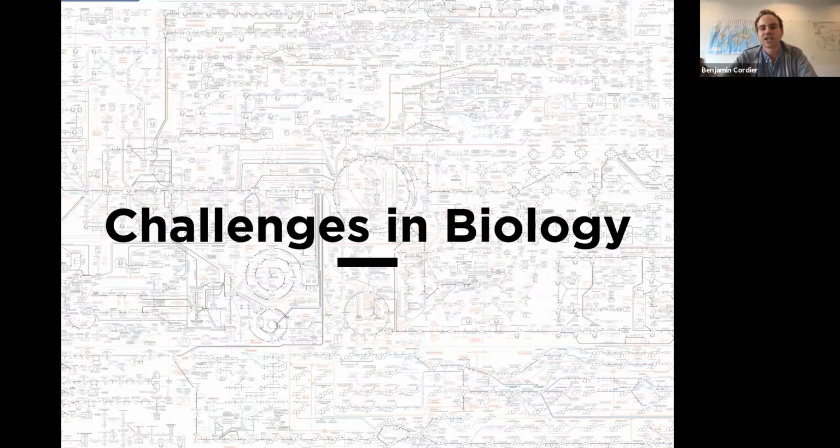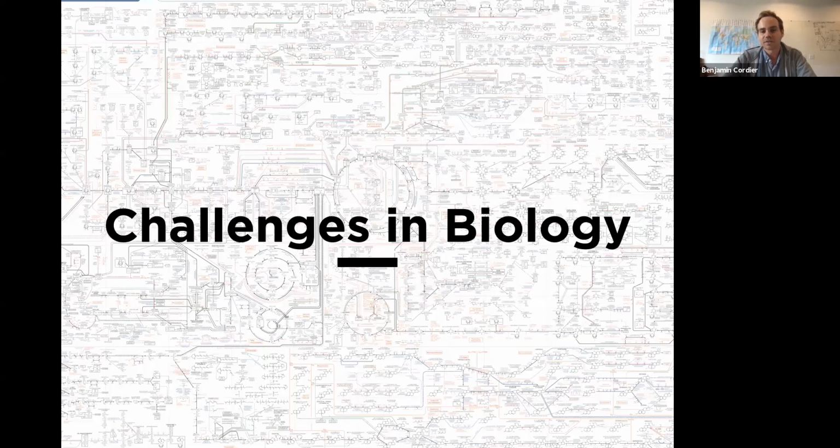And so what are some of the challenges in biology? One of the things I can't stress enough is biology is a very, very complex field. Behind the text on this slide, you see this pathway map, and this was generated by the people at Roche. I think the original version was generated in the 1960s. And this is a very, very small slice of the metabolic pathways in the human body.